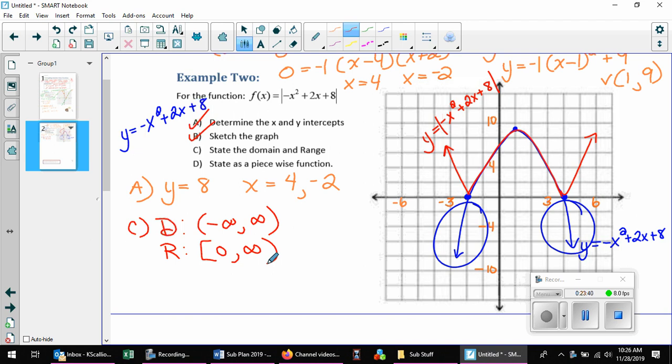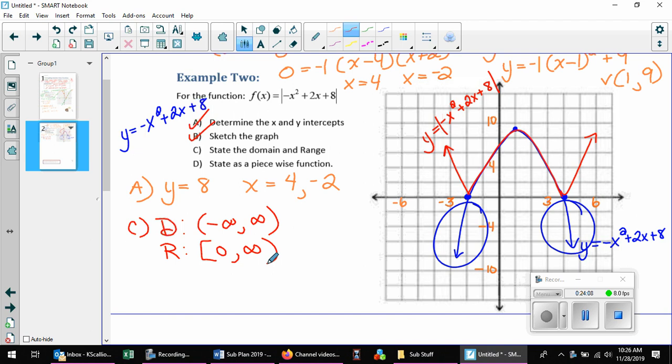Because what's my lowest y value? It's 0. I can't go any lower than 0 in an absolute value graph. But these arms tell me I can go all the way to positive infinity. This isn't a coordinate pair. This is a statement of this.